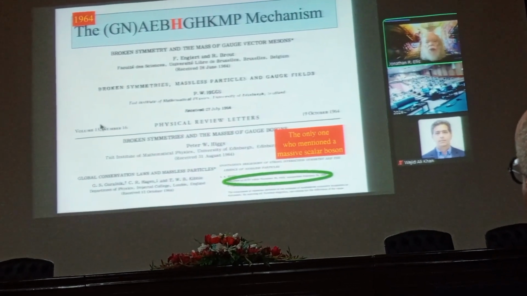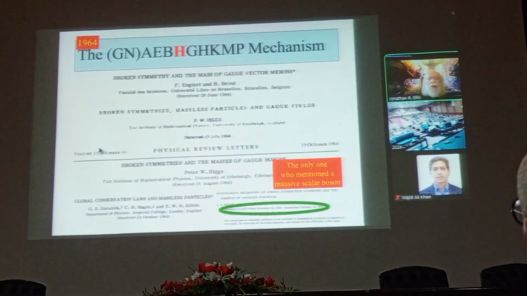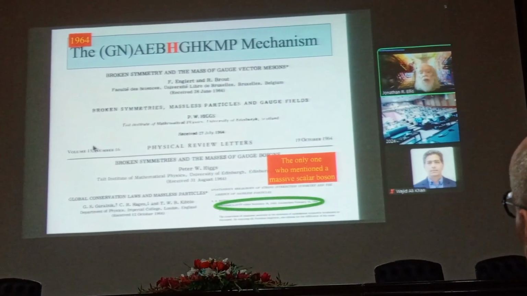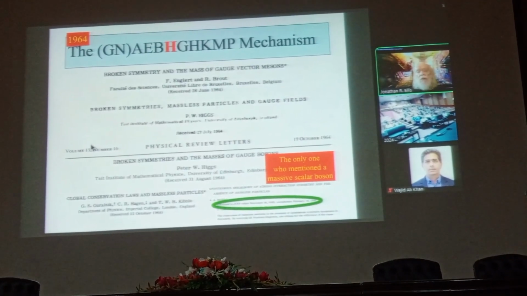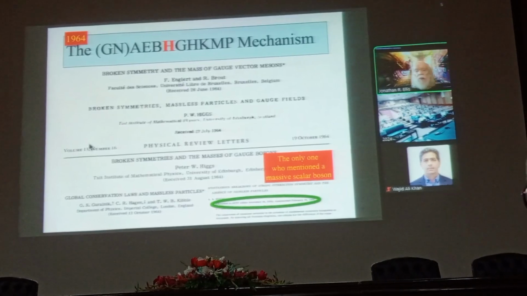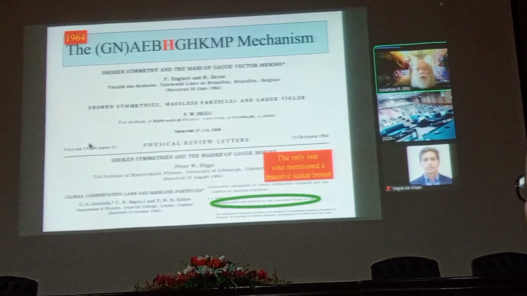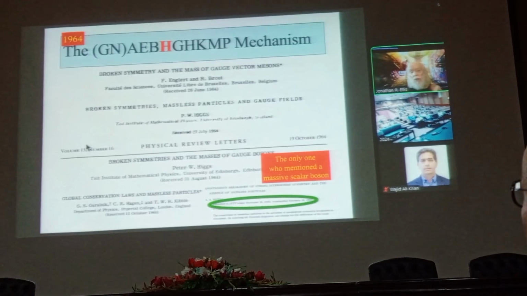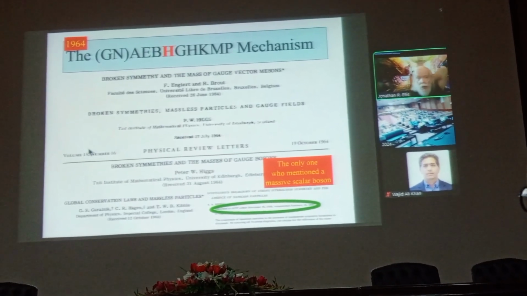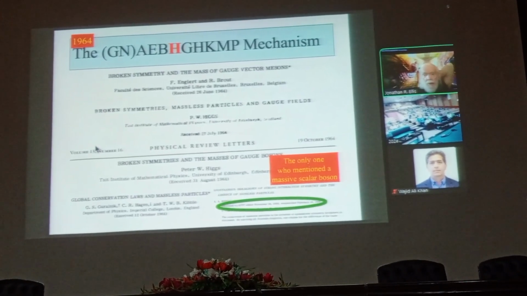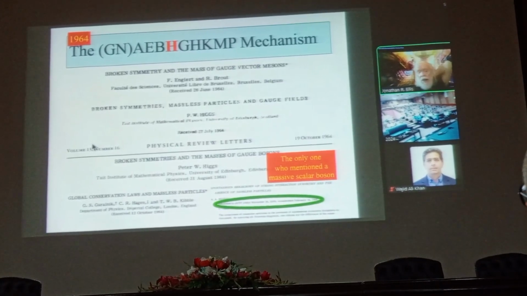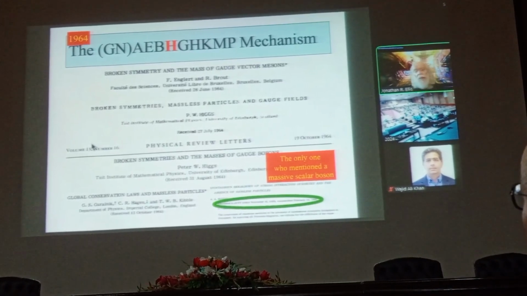So as I said, the story started in 1964. The first paper on the subject of giving masses to gauge vector bosons was actually written by Englert and Brout. And this was followed soon afterwards by 2 papers by Peter Higgs. Peter Higgs was unaware of their earlier work.